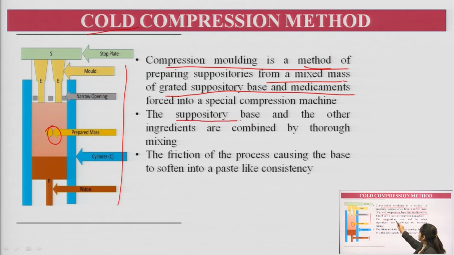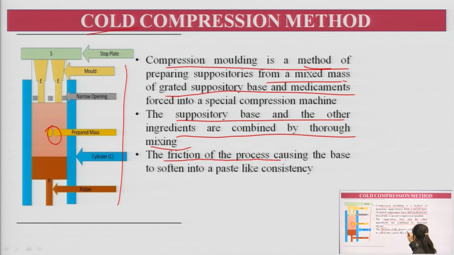Then the suppository base and the other ingredients are combined by thorough mixing. Homogenization and mixing must be done so that the base is able to incorporate the entire amount of medicament into it. Now, the friction of the process causes the base to soften to a paste-like consistency. Here we do not use heat at all.